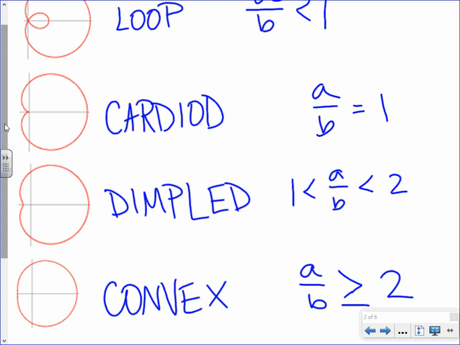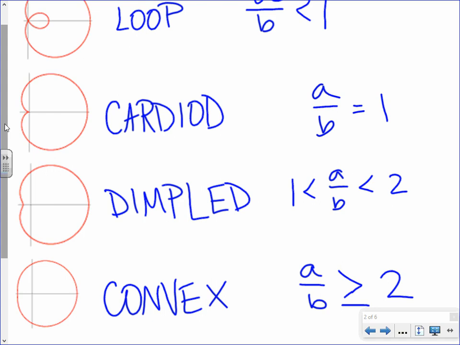Only 2. Which means we have 2 limaçons that don't even have zeros. It's cool, right? You don't even have to find those zeros. It's okay not to have zeros. It's just less work for us to do. Another reason why limaçons are kind of nice is you don't have to find the zeros all the time.